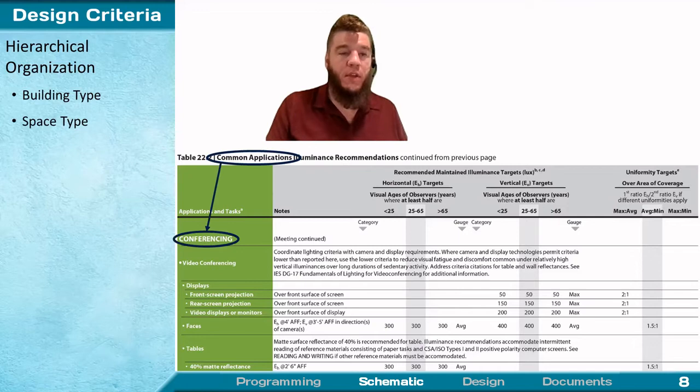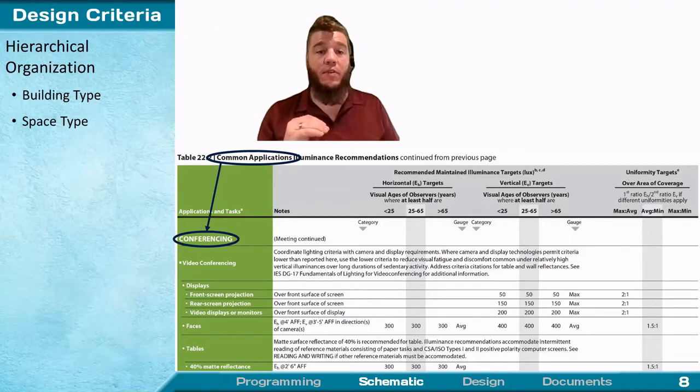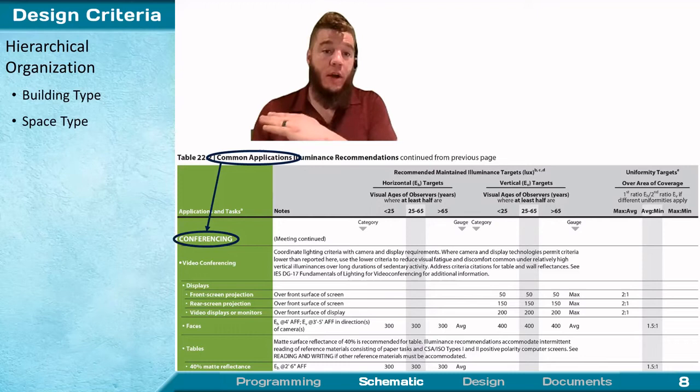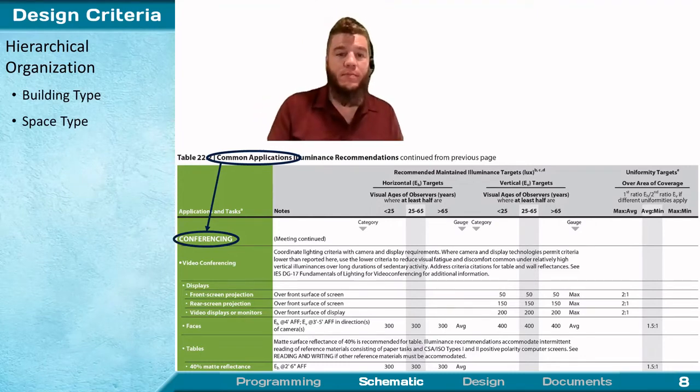Step two is moving down to the space type. And so the space type is the type of room and the function of the room. So in this case, let's look at a conference room.